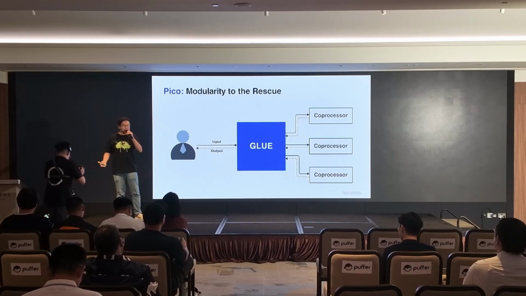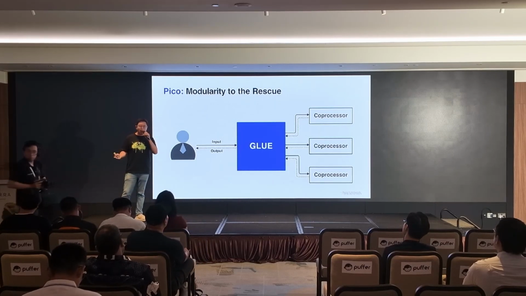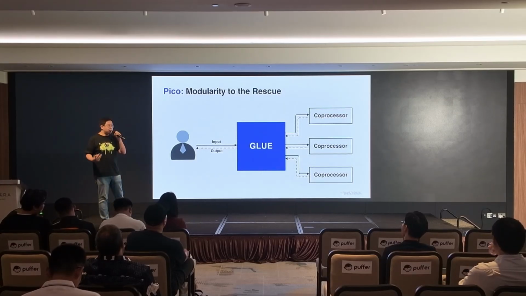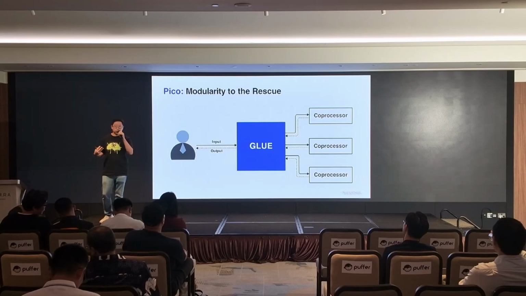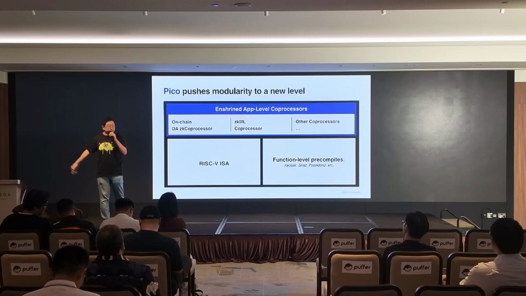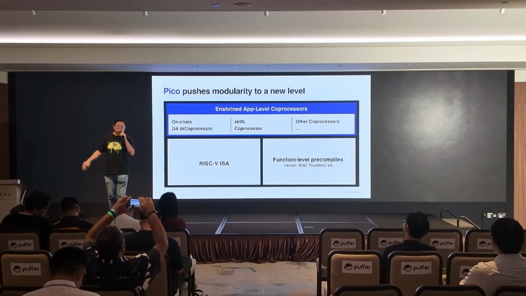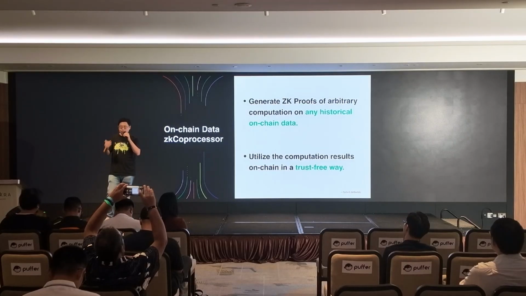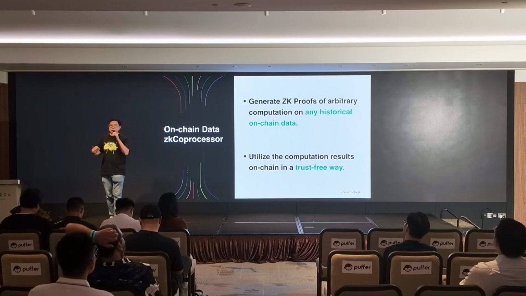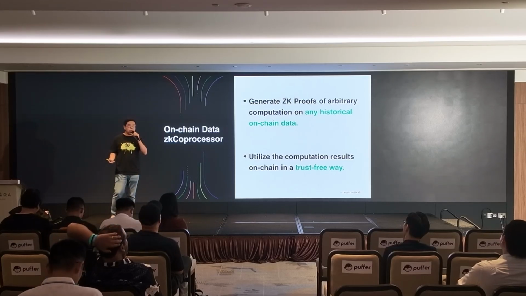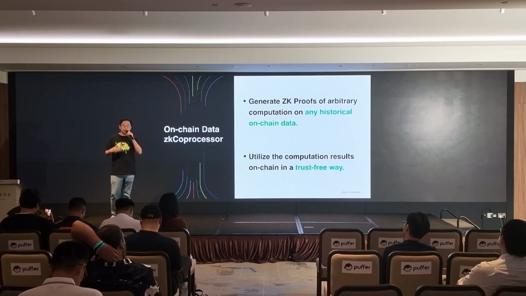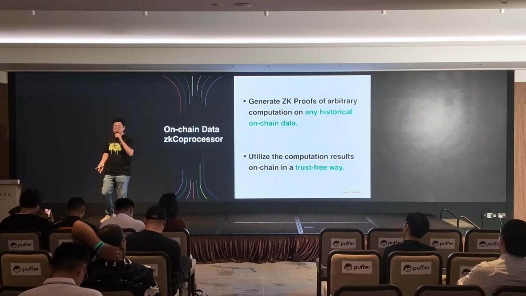The idea here is that for Pico, we treat the VM itself as a glue. It is so modular that you can plug different specialized coprocessors into this glue for commonly used application patterns. One type of coprocessor I want to mention is the on-chain data coprocessor. All the use cases that I just mentioned have some relationship with on-chain data. You're trying to understand whether a user made a certain deposit or did certain swaps in the past.